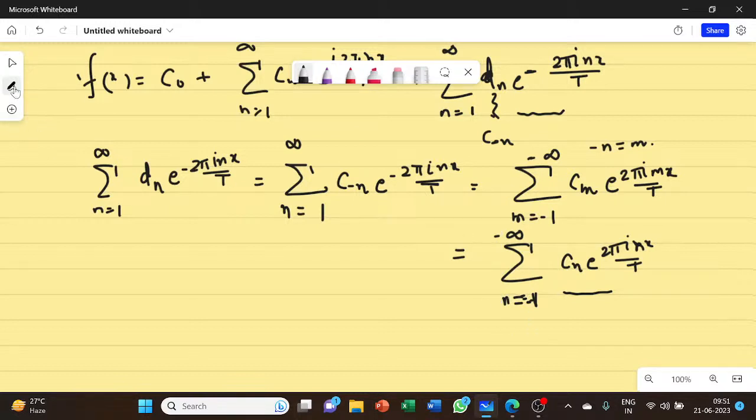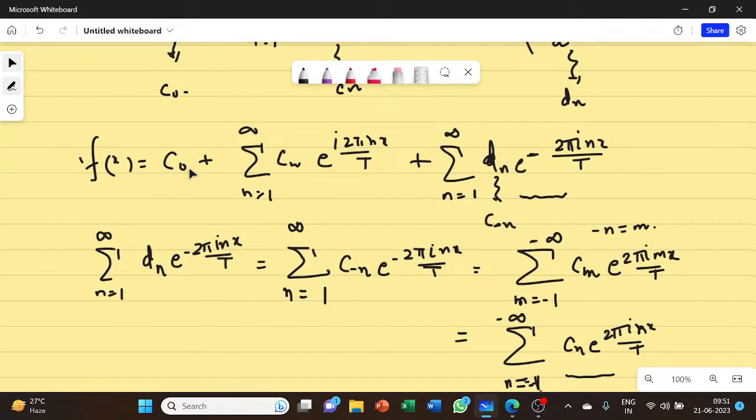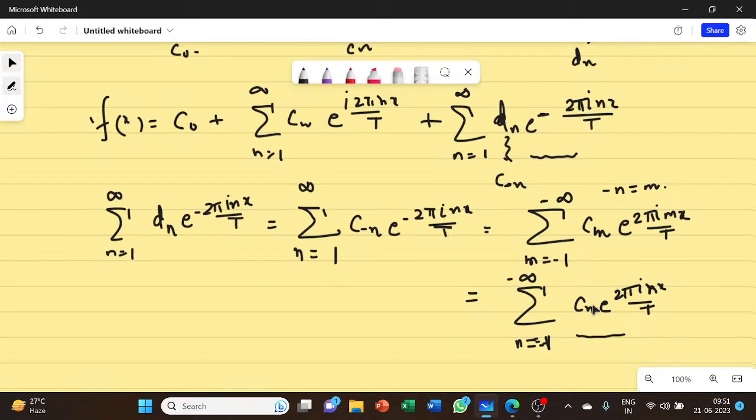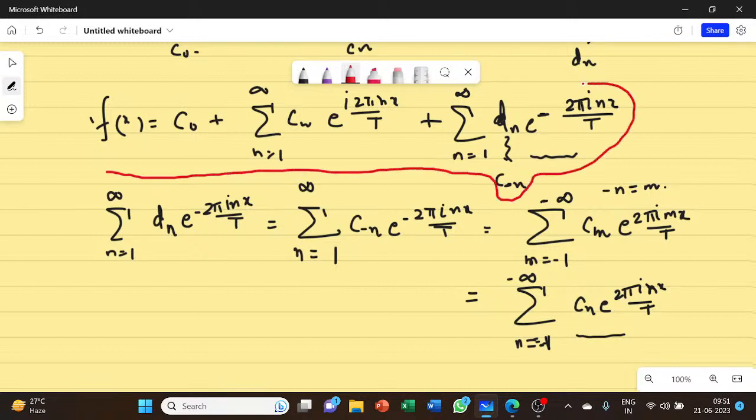So 0 is taken care of by this. If I want to find n equal to 0, at n equal to 0 this will be c_0, and this will be e power 0, so it is c_0 only. So this entire series which I'm encircling right now can be written in the following manner.